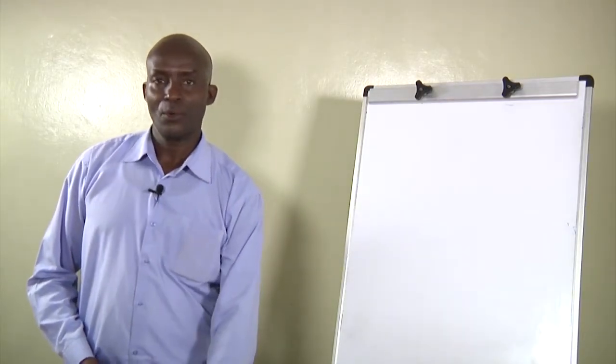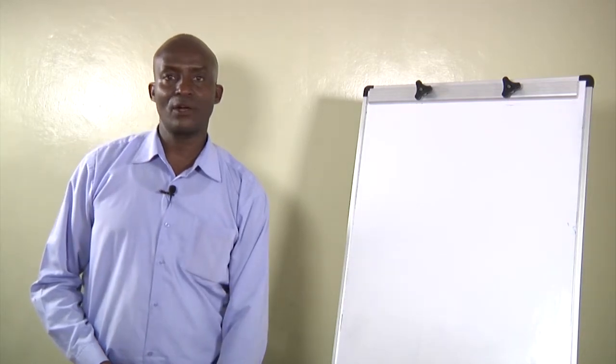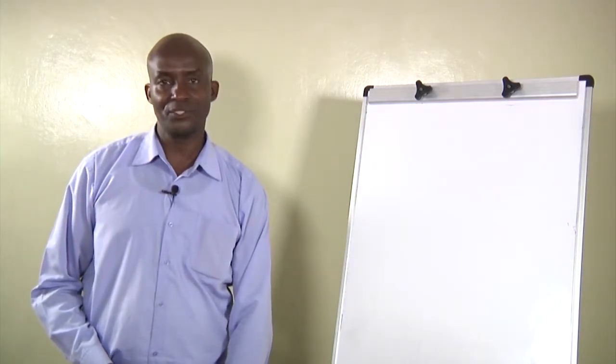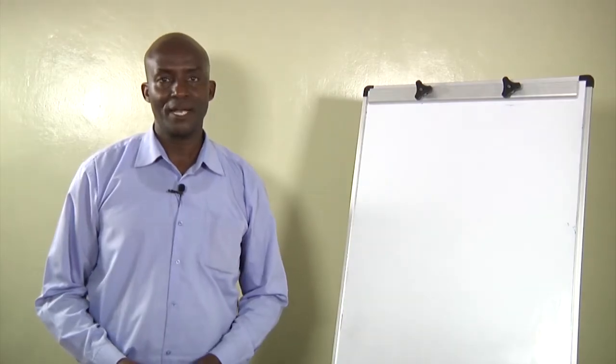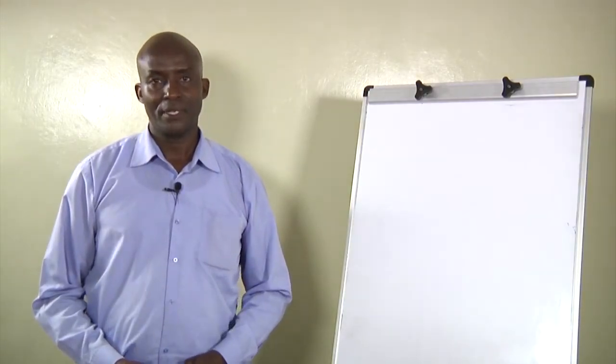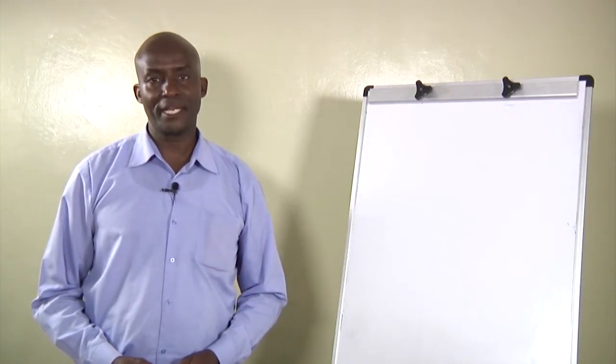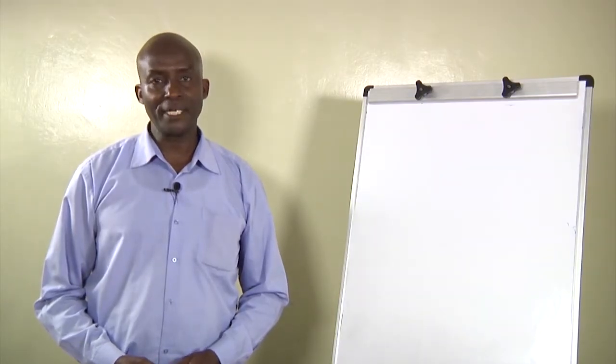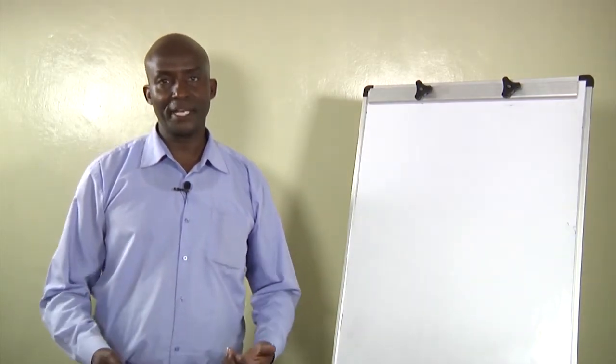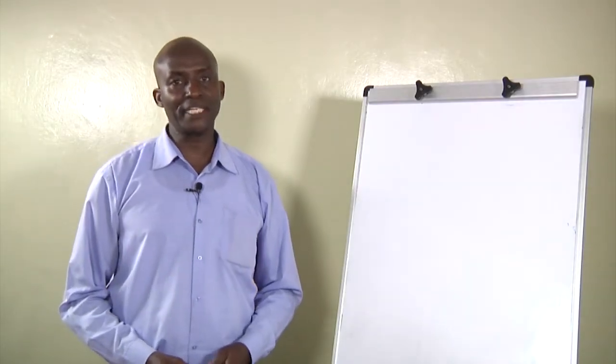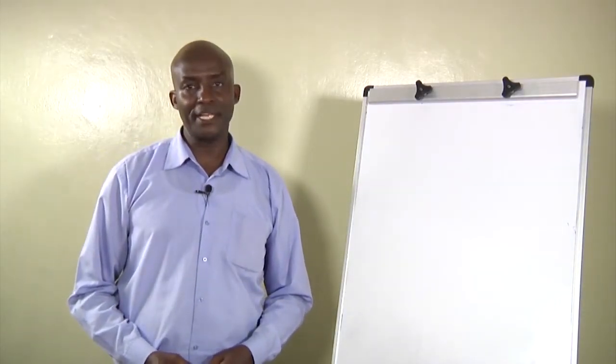And today, we'll continue studying the quadratic equations, which we started in our previous lesson. Now, I clarified last time that a quadratic expression is just an expression, whereas a quadratic equation will have an equal sign.